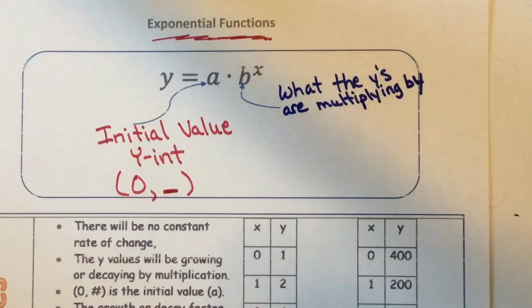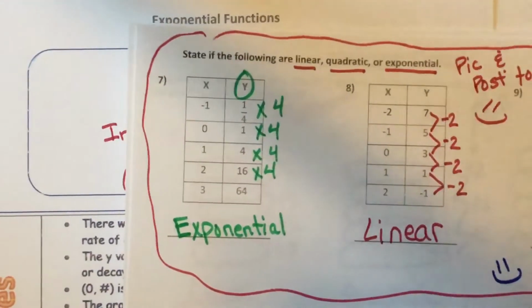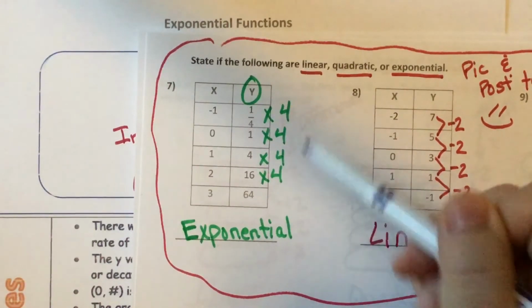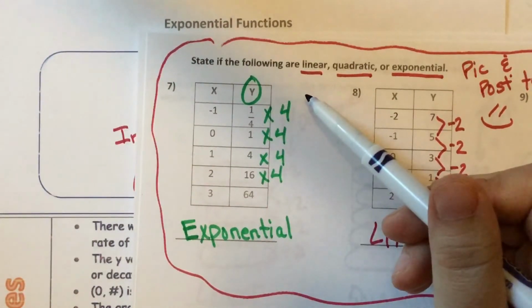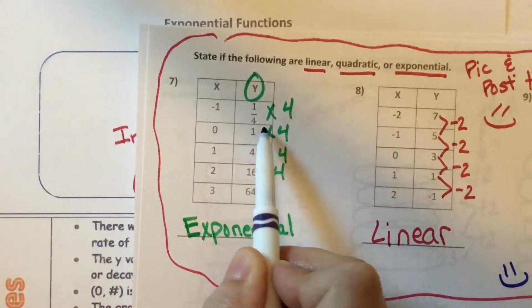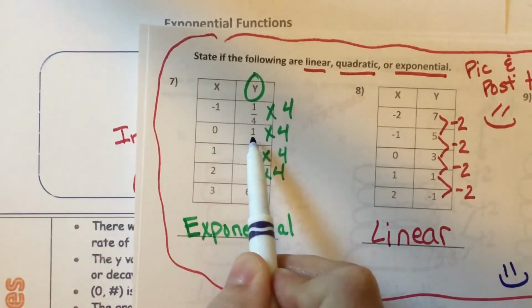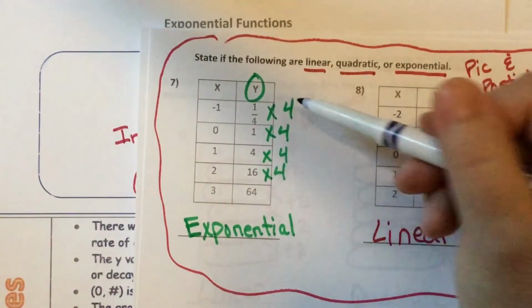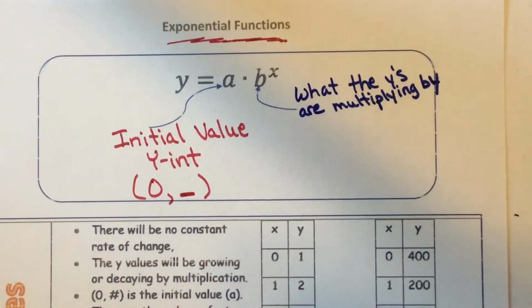So if I go back and look at a previous lesson real quick, in this one right here, when the y's are multiplying by 4 every time, this 4 would be our b. And where the x is 0, the number that goes with it, the 1, would be the a. So 1 would be the a and 4 would be the b. And then I could write my equation, which I'm about to show you here in a little bit.